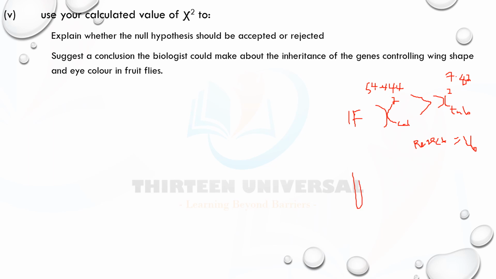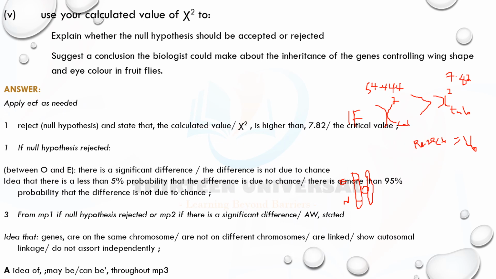If this is a chromosome, these two genes are on the same chromosome, and the other gene is here. They are linked, autosomally linked.